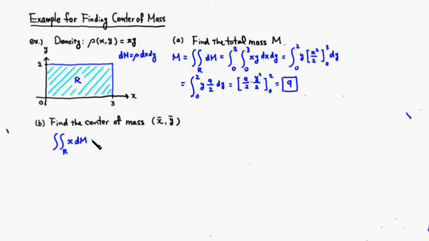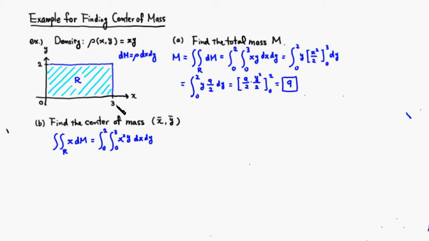So this is again an integral. Since dm is xy dx dy, now there's an x in front, so x squared y dx dy, and we're looking at the same region, so x goes from 0 to 3, y goes from 0 to 2.